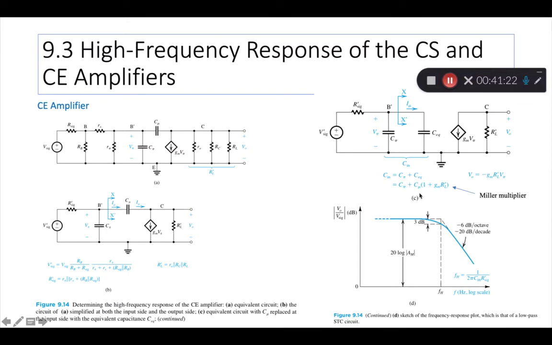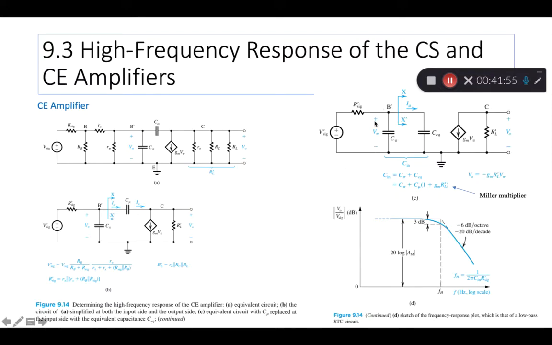So C mu is multiplied by another Miller multiplier, and then the internal capacitance, as seen by this source, now becomes C in as C pi plus C equivalent, where C equivalent is nothing but C mu into 1 plus gm RL prime. The output voltage can be given as minus gm RL prime V pi.